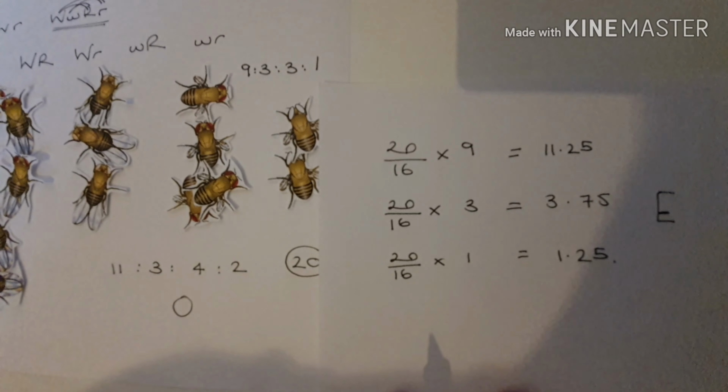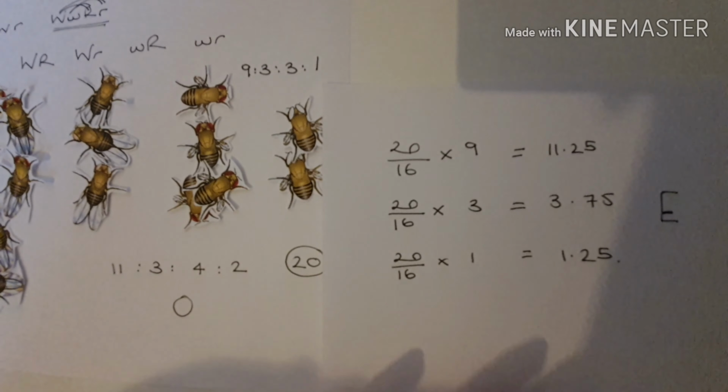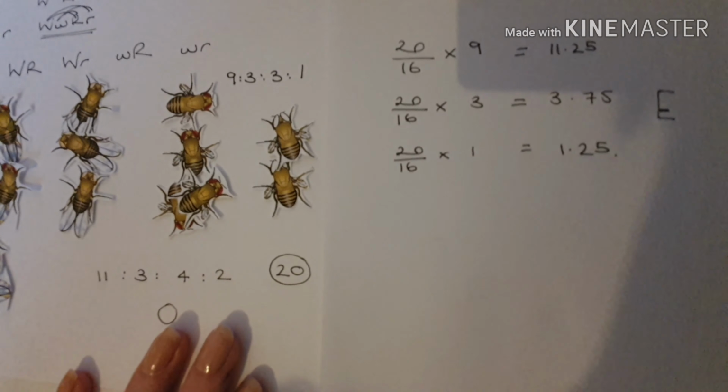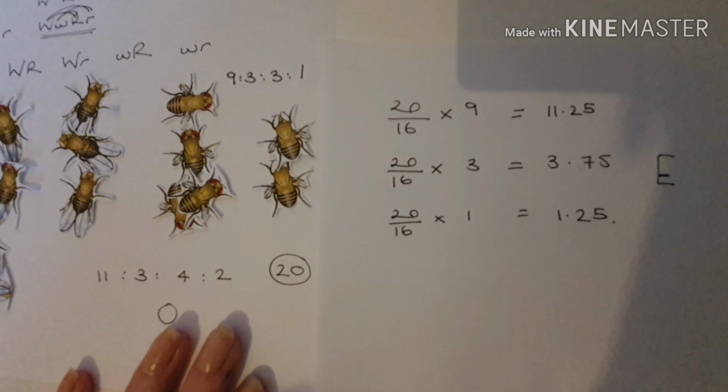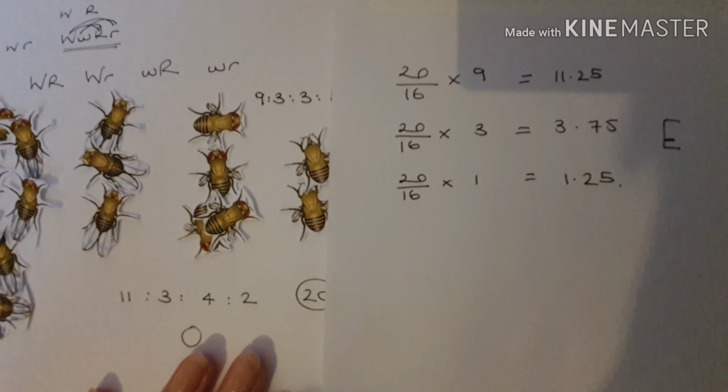It's a mouthful. Once you've got to the end of those normal equations for chi-squared, you then add them up. So you add up the last column for the 4 phenotypes, and you should get quite a small number, usually under 1, up to 2 maybe.